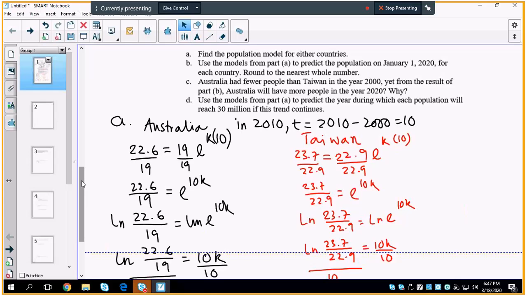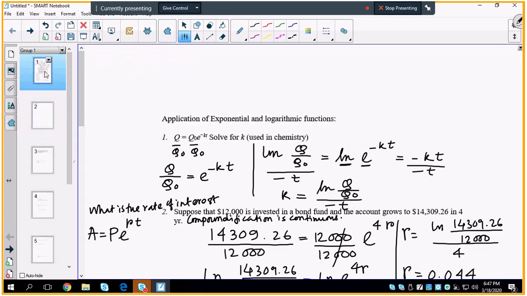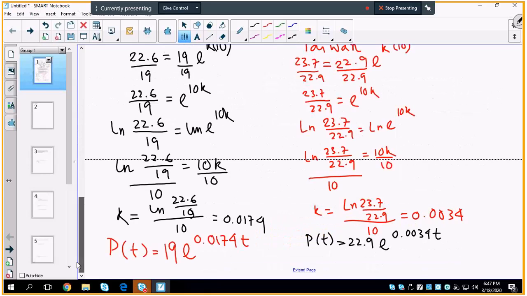Okay. So we are going to use the population model for either country. So first, for Australia. We found this model: P of T is equal to 19 times e to the power 0.0174t.